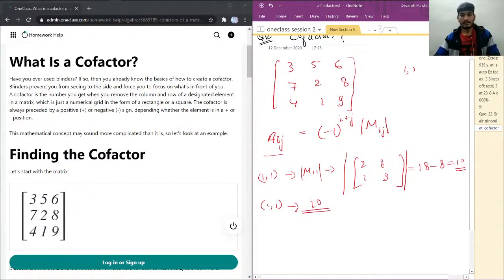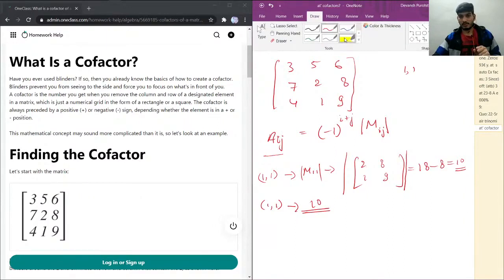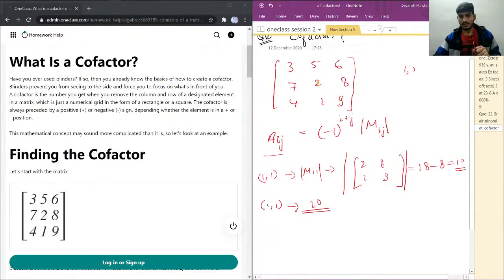Now in this way we can calculate the cofactor for any term. We can calculate for 5, we can calculate for 2. So I'll just calculate for 2 here. The coordinate for 2 is 2 comma 2. So for this we need to block the second row and second column. So we have 3, 6, 4, 9. So my minor matrix will contain 3, 6, 4, 9.